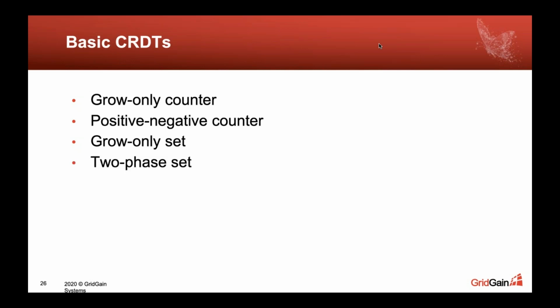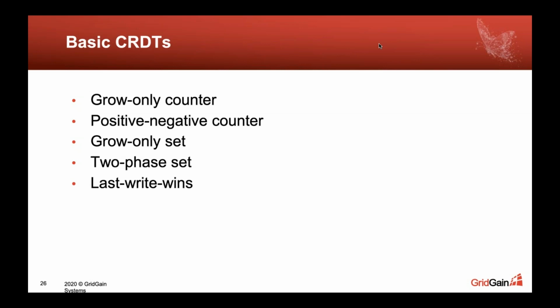Two-phase set is an analogy to positive-negative counter. You have two sets, and on conflict, you take union of the counterparts, and the result of the set is the first set minus the elements in the second set.